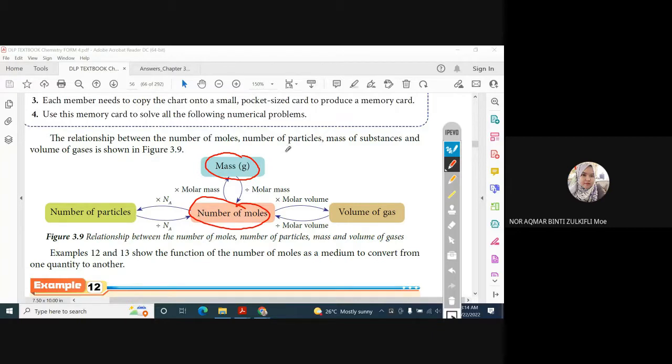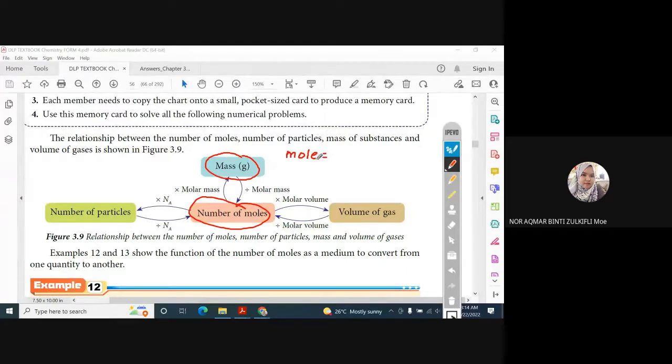For me, my style of memorizing moles, mass, volume, and Avogadro: I start with mole first, because mole is very important to find the value.